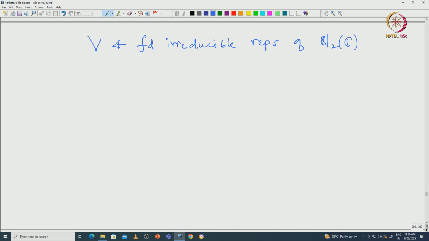Now what we do is take the action of h on V and try to understand what happens. First, focus on the action of h on the space V. Since we are working over complex numbers, our ground field is algebraically closed, so h must have some eigenvalue.